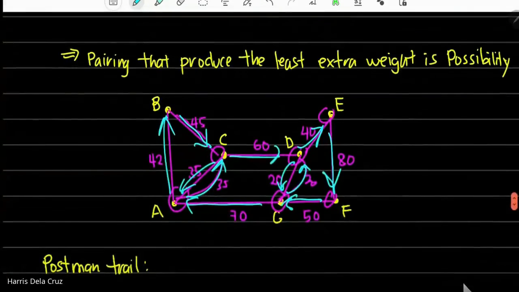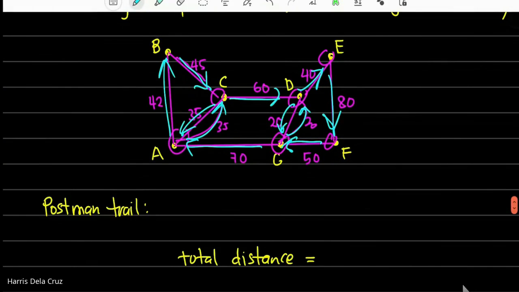Right? So, ano yung trail? Magsimula ka sa A. Circuit yung ginawa ko eh. So, okay lang kahit saan ka mag-start pag circuit. Pero yung trail galing sa post office. Andito yung post office. So, A, pumunta kay B. So, sundan lang natin yung circuit.